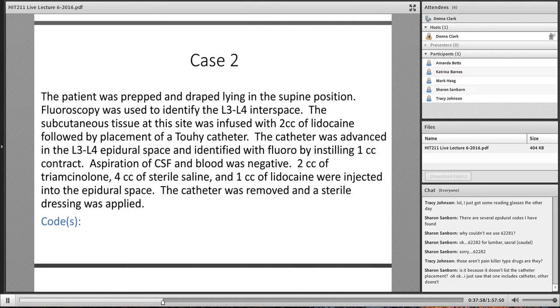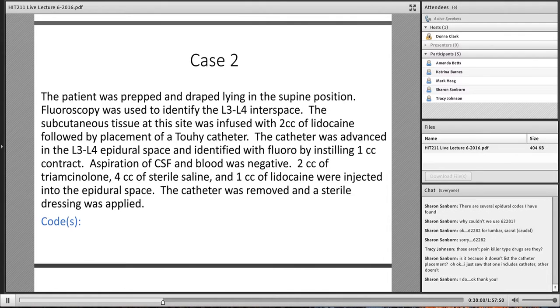Now, sometimes when you're looking at your codes, if you don't know what they are referring to, then by all means use your Googler. I like to call it a Googler. Or if you got your AMP text and stuff like that, coders should keep those types of reference materials so that you can have clarity.